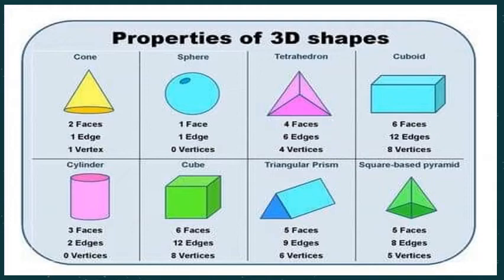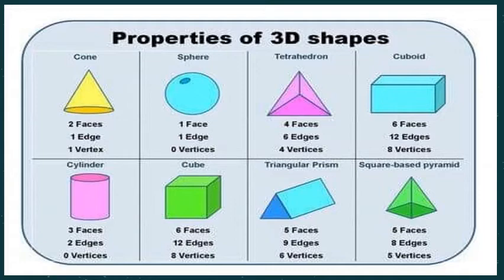The edge is from the circle part, and the faces are the circle and the triangle. Then we move on to a sphere, and that looks like a ball, so it only has one face, one edge, but zero vertices because there's no sharp point.